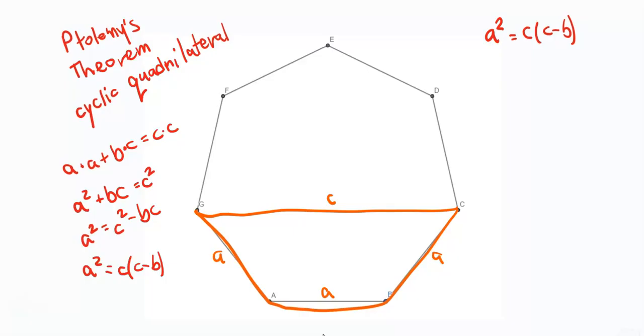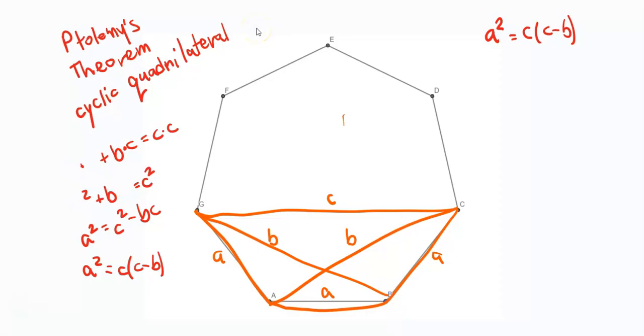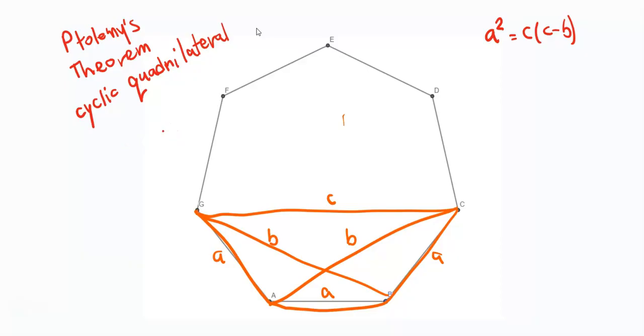But that's just a cyclic quadrilateral. What about the diagonals? Well, we can connect across here, A to C and B to G like so here. So this length is B, and this length is B. So using the same theorem, let's do A times A plus A times C equals B times B. So we'll get A squared plus AC equaling B squared, just like so there.